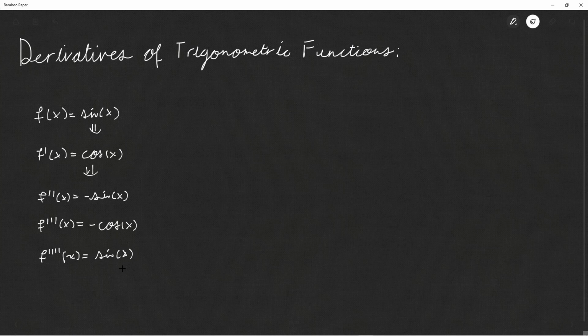So it makes a full loop every fourth derivative.